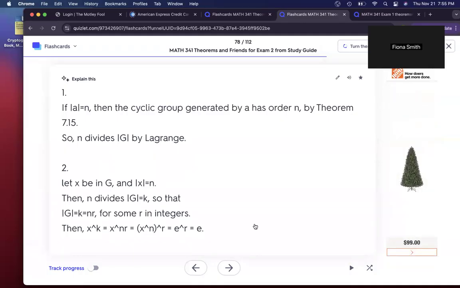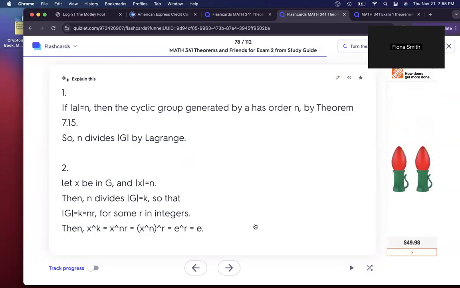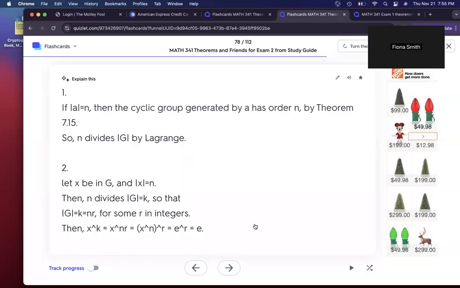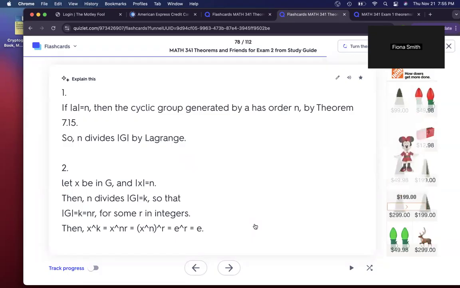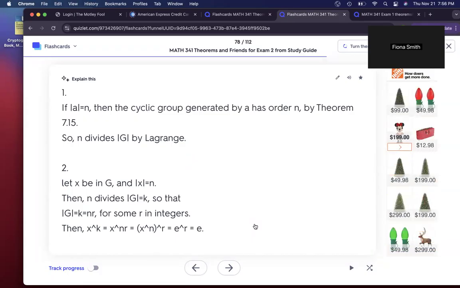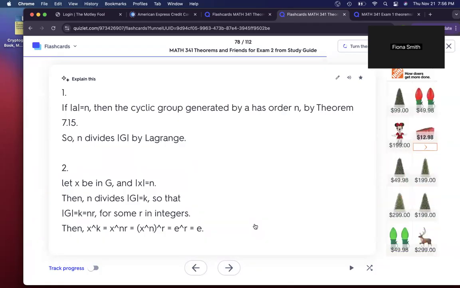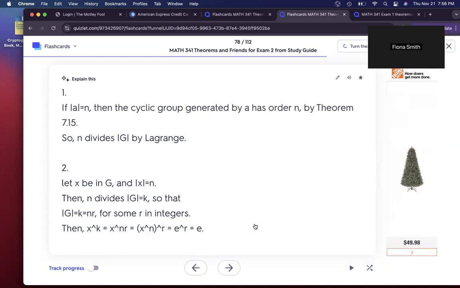But yeah, so order of G equals K, and we can say K is nr, since n divides K. So then, using theorem 7.9 part 3, since x to the K, what was I thinking?